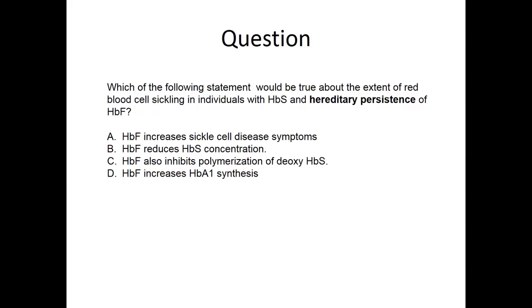So if you have a lot of gamma subunit, which comes with the fetal hemoglobin, you have less polymerization, so you have less disease process. Is that clear? You want to reduce your amount of beta subunit. Now with fetal hemoglobin, you have a gamma subunit instead of a beta subunit, so that will reduce your symptoms. Is that clear?